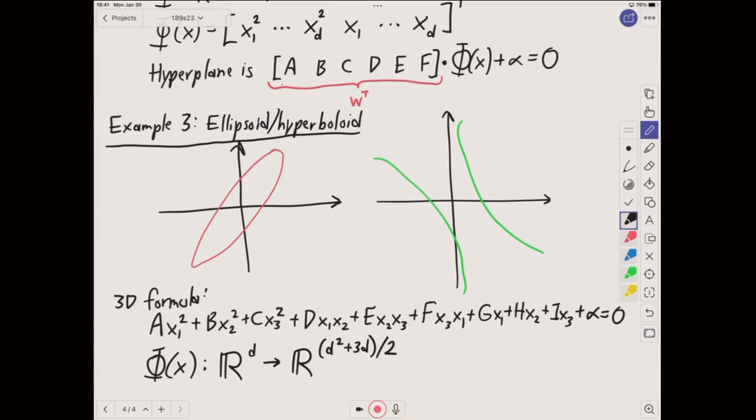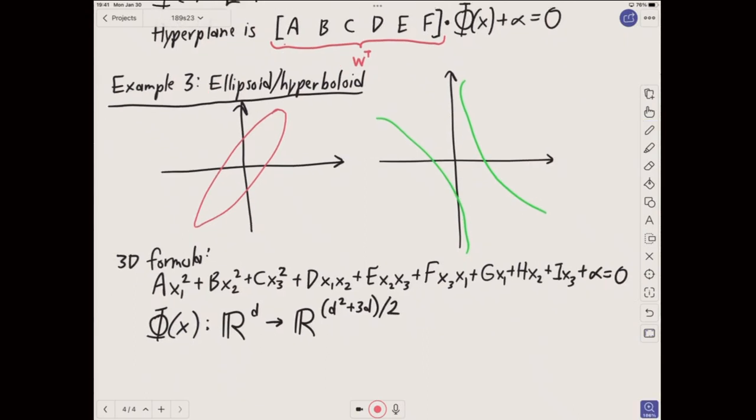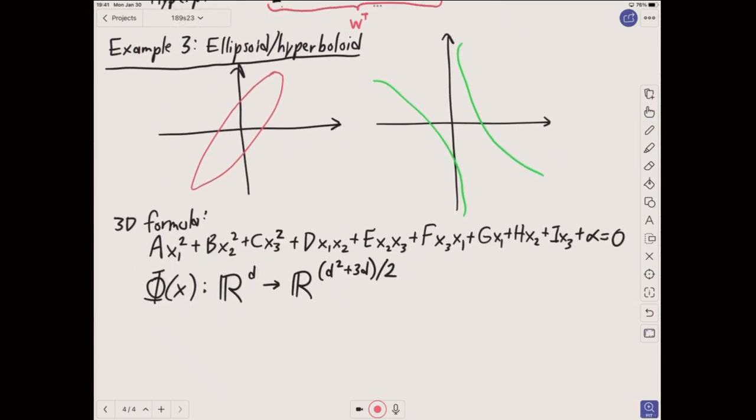So we can have general ellipsoids and hyperboloids for our decision boundaries, but there's a price to be paid, which is that our problem suddenly gets a lot bigger. We've squared the number of features. The amount of time it's going to take to run your SVM is probably a lot longer now. But at this point, our decision boundary can now be any general degree 2 polynomial.